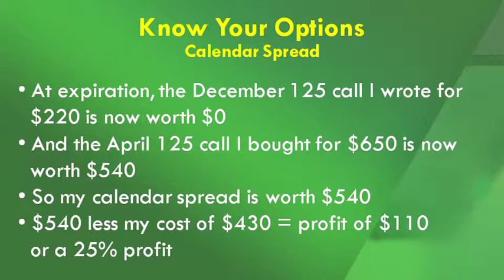And the April 125 call that I bought for $650 is now going to be worth, let's say, $540. So my calendar spread is now worth $540. If you were to take the $540 value less my cost of $430, that means I have a profit of $110 or a 25% return.